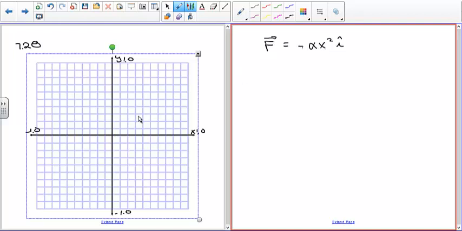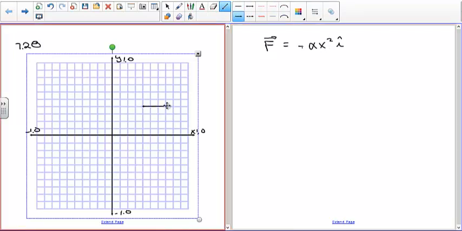When x is positive, it'll be pointing from right to left, and when x is negative, it'll still be pointing from right to left, because this squared is always positive. So the force is always pointing from right to left. So that's the force vector.